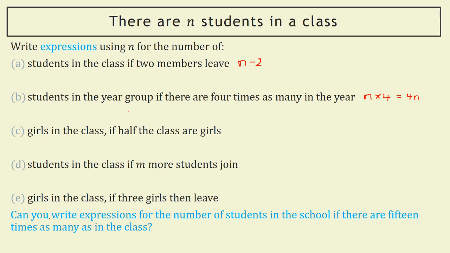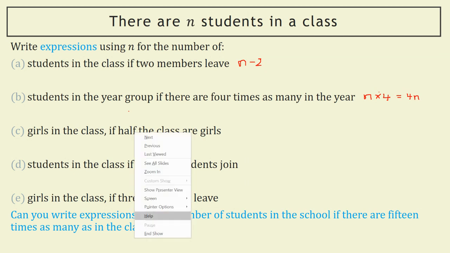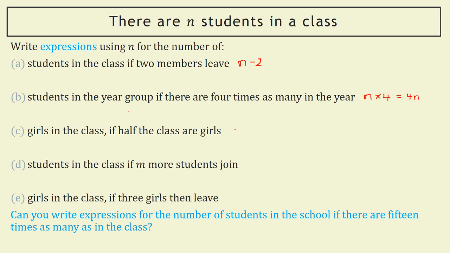How many girls are in the class if half the class are girls? Well, wouldn't we take the number of students in the class and divide it by 2? If we know the total number of students in the class, half of them are girls, divide it by 2. Number of students divided by 2. And again, in algebra, we tend not to write divide signs.